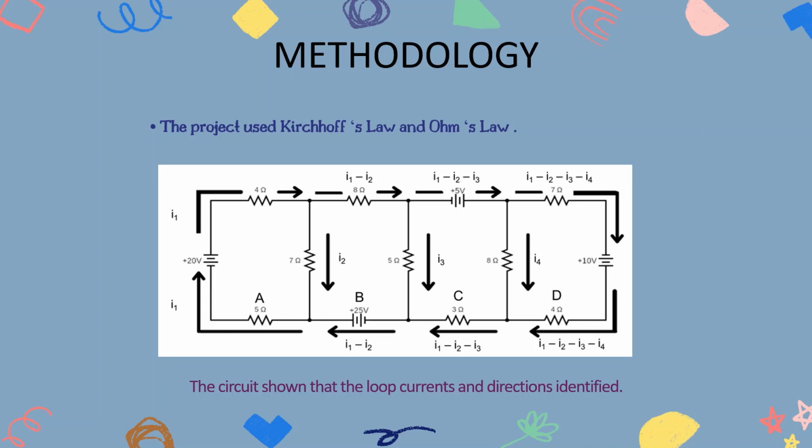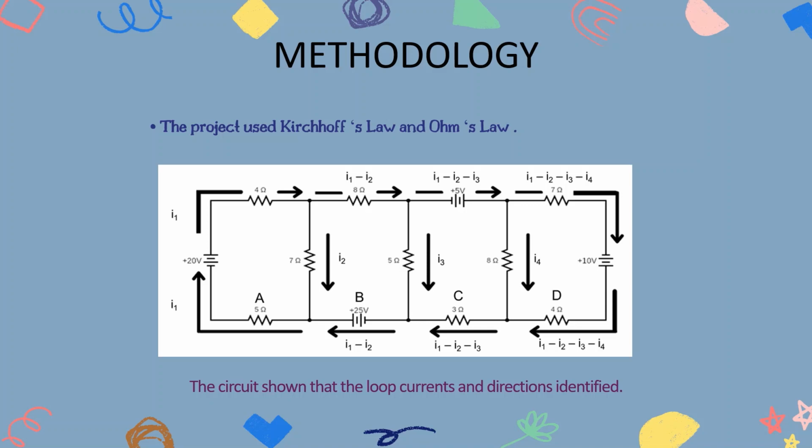My name is Muhammad Muiz Fikri bin Hanafi, and my part is methodology. In this project, we use Kirchhoff's voltage law and Ohm's law. Kirchhoff's voltage law states that the algebraic sum of the voltage around any closed path in a circuit is identically zero for all time.